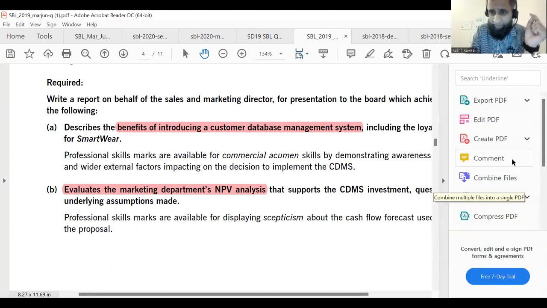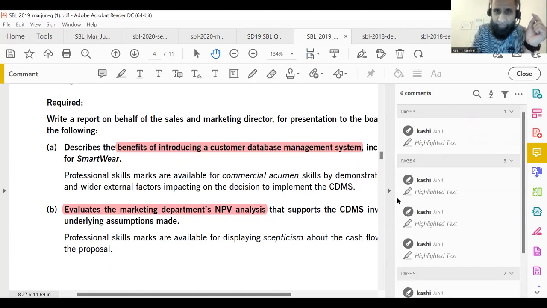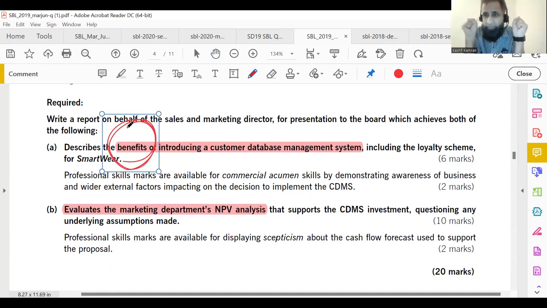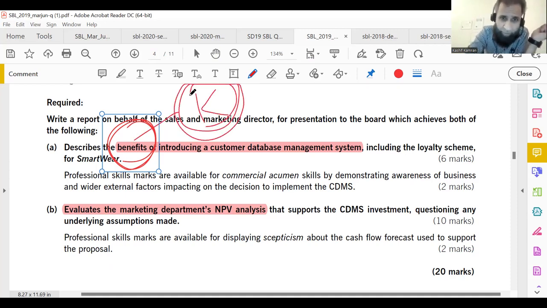Just give me one second if I can comment on this in a more effective manner. Right here, the benefits, right? You should know the benefits. Again, we have been discussing multiple times in the session today that you should know benefits of so many topics in SBL. But if you know the benefits, you have knowledge, you will relate that with the organization.